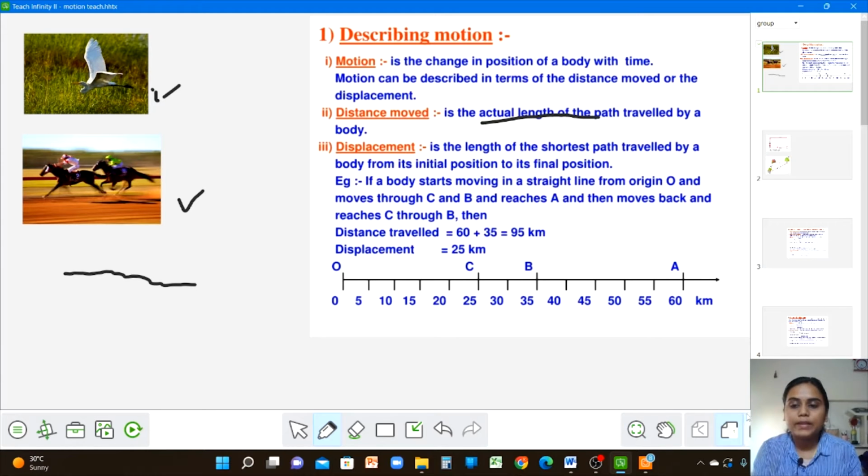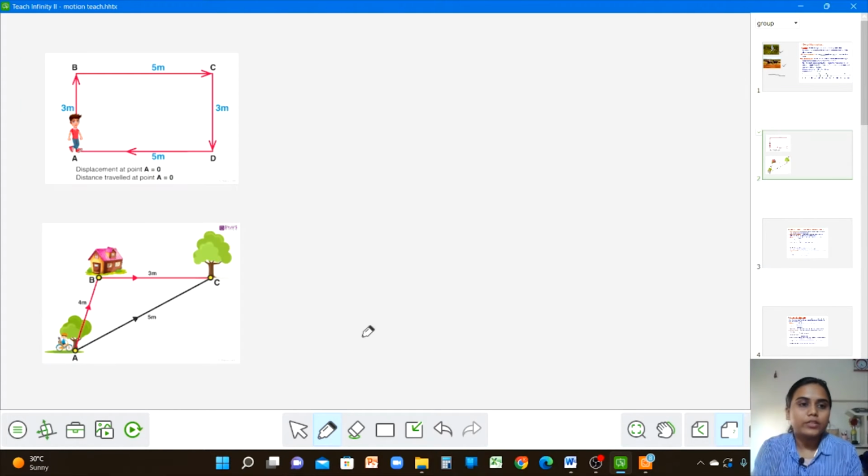Okay, let me explain with the diagram. Here, as you can see, this boy is standing at point A, right? Now he is traveling from A to B, then B to C, then C to D, and again back to the point A. Correct?